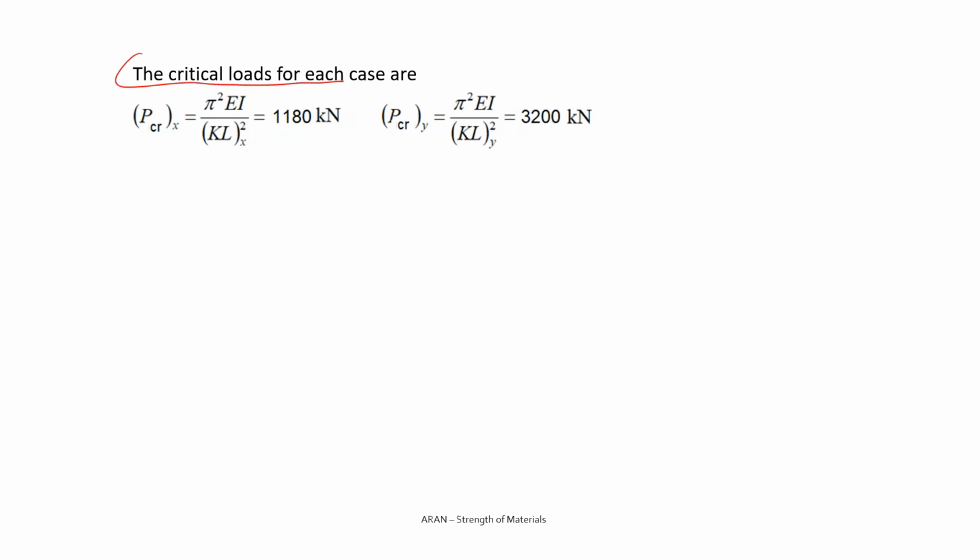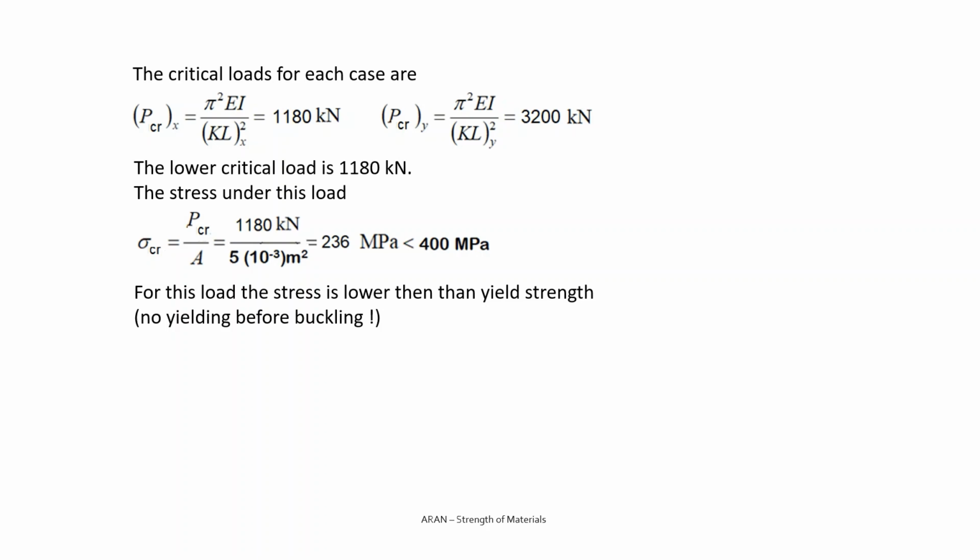When you put the values and the appropriate I values, you find that P critical for the X buckling is 1180 kilonewton. For Y buckling, it is 3200 kilonewton. So, which one is lower? This one is lower. That should be the critical load.